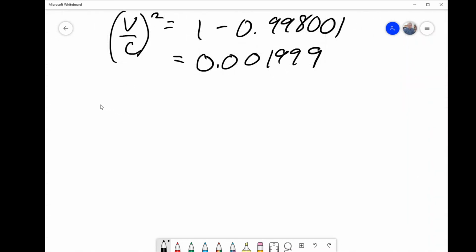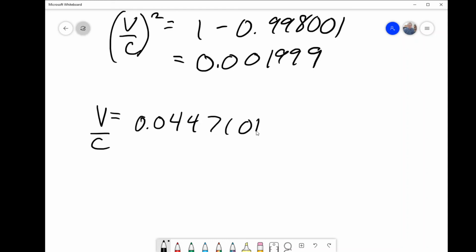So in order to measure this to 3 decimal places, our v over c has to be the square root of this, or 0.044710177822 and so forth.